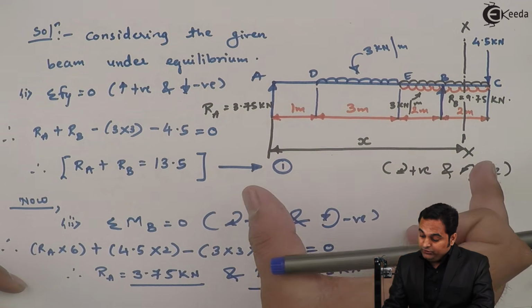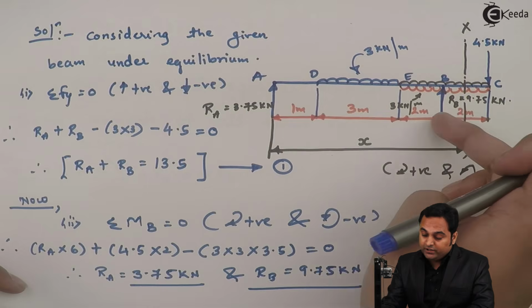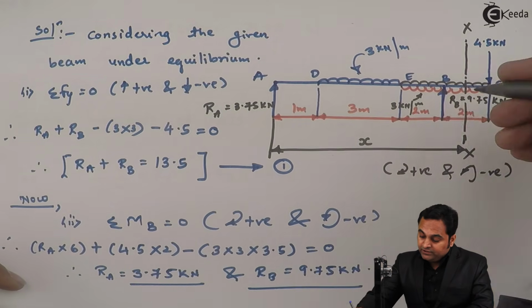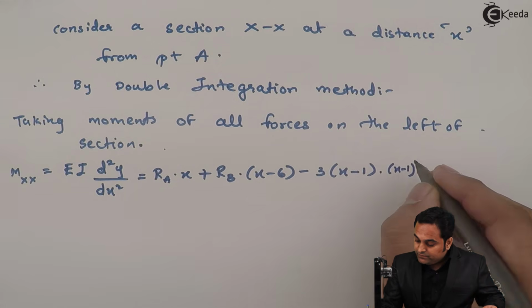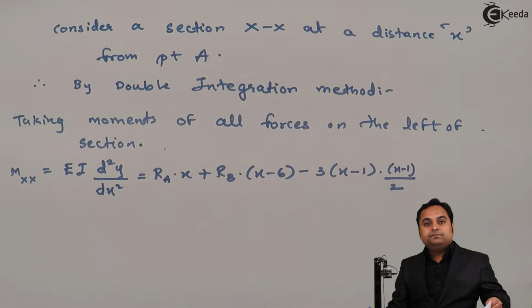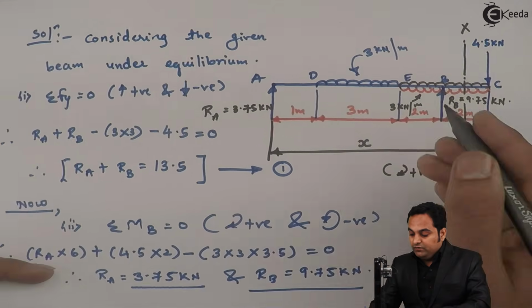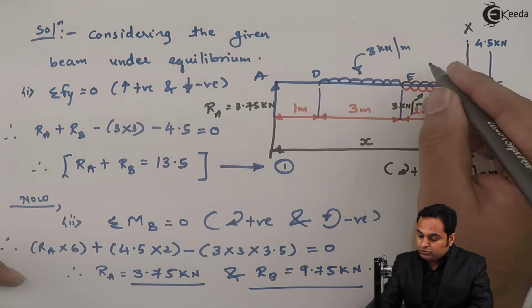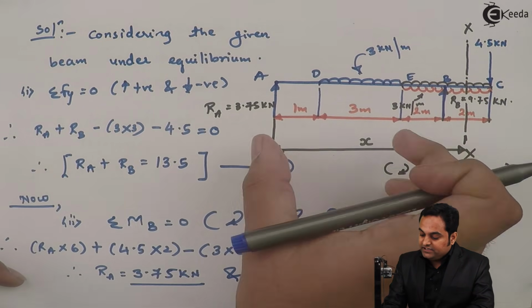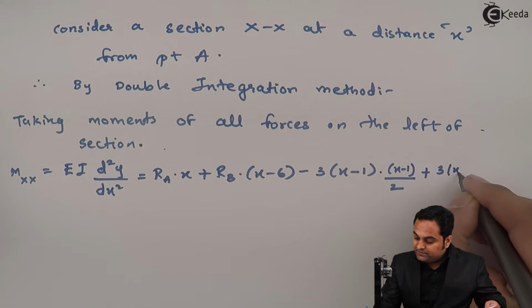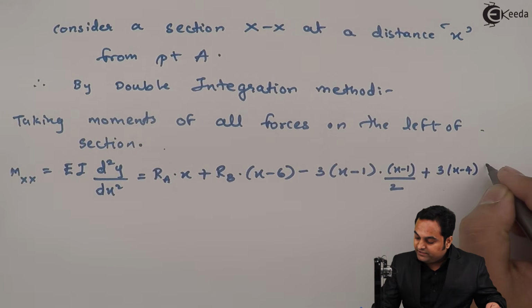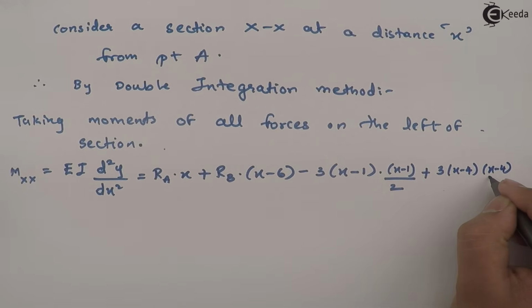Now this point load acts at half of x minus 1. So when I am taking the moment, that distance is into x minus 1, half of that. Next the UDL which is there below produces clockwise moment and it is at x minus 4 distance. So it is plus 3 into x minus 4, and this is also acting at half of x minus 4.